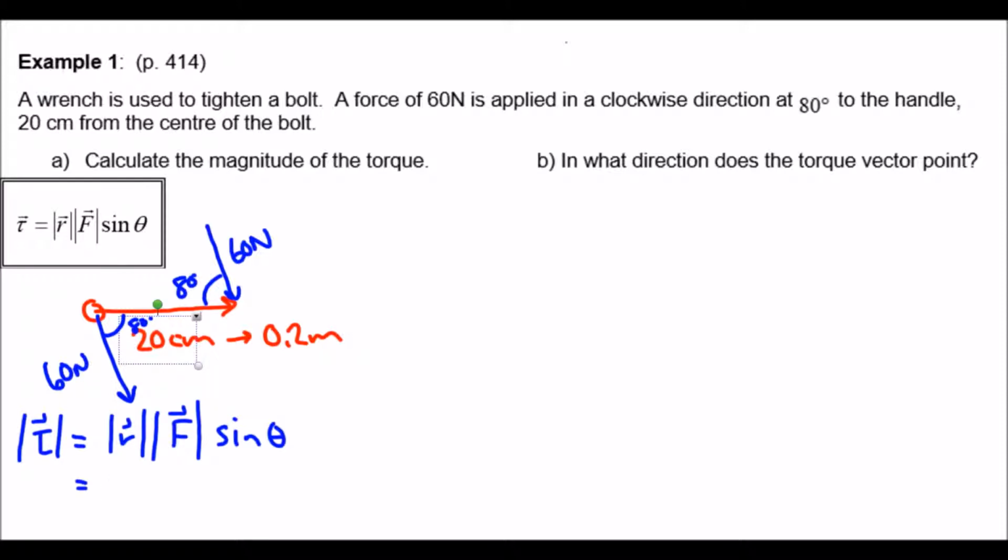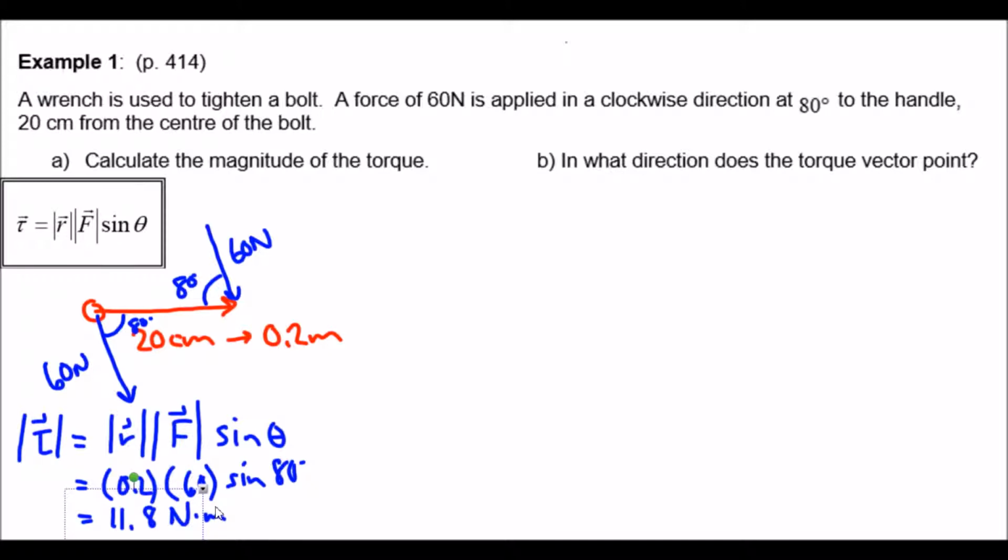So here it's going to be 0.2 times 600 times sine of 80. Putting this in my calculator, I get 118 Newton meters. And there we go.